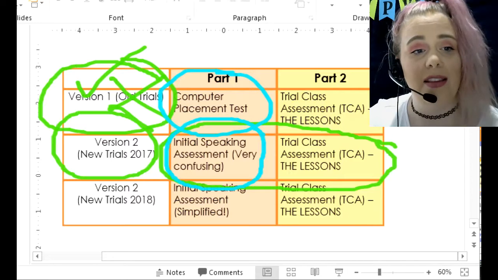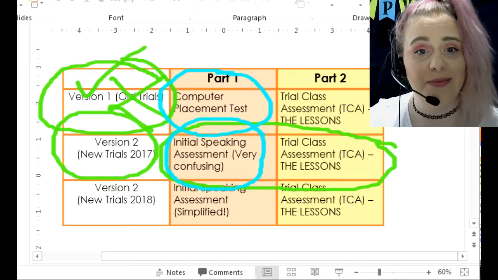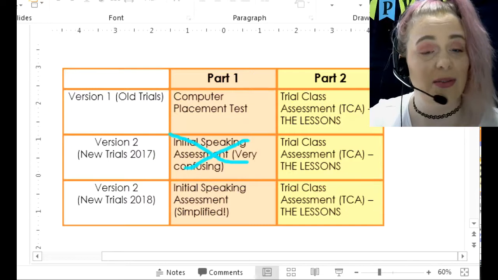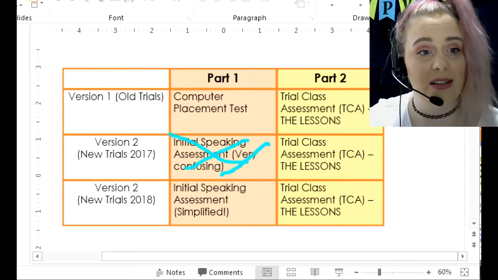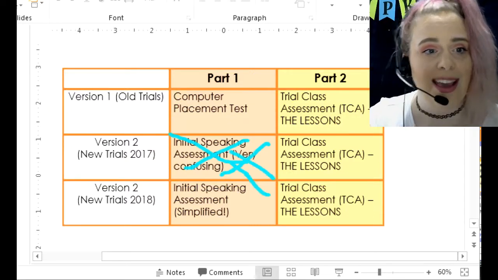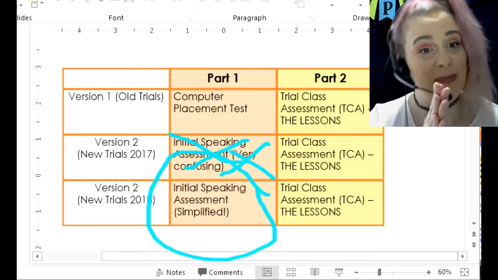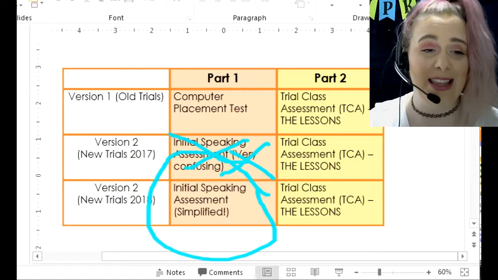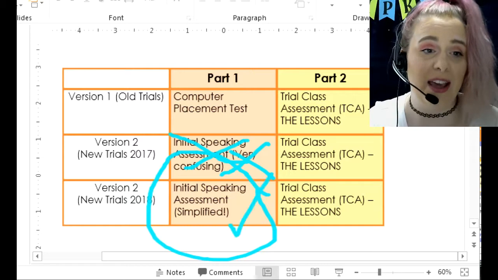The first version was very confusing. It's gone, so we don't need to talk about it anymore. And we now have a much simpler version out, and it is much better in my opinion. So I'm happy about that.